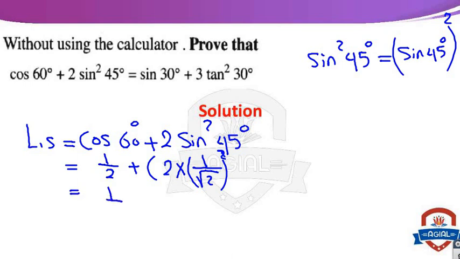Equals half plus 2 times 1 over square root of 2 squared, which is 1 over 2. 2 times 1 over 2 equals 1. Half plus 1 equals 1 and half. Number 1.